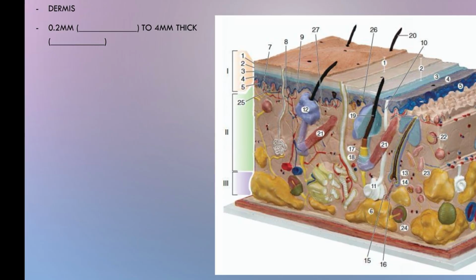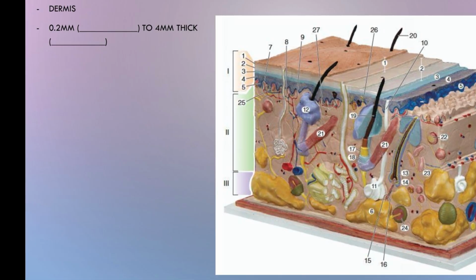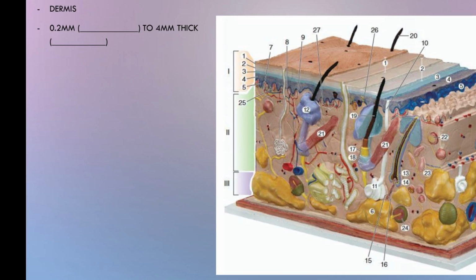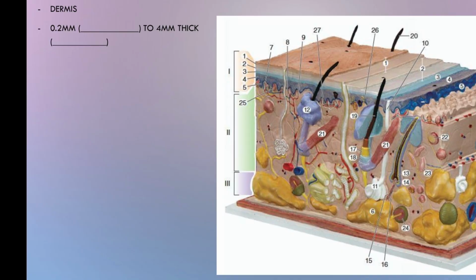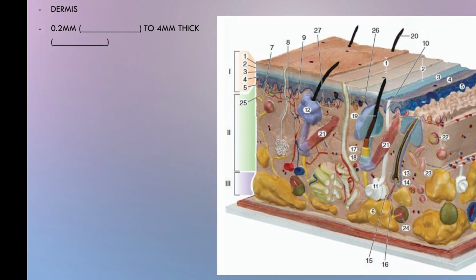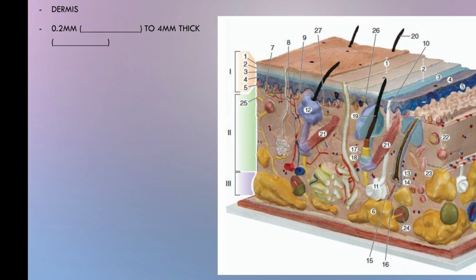And the veins, remember, carry blood away from the tissues. So this is part of the blood supply that carries blood away from the dermis. Then you also have an arterial plexus. And so there's that subpapillary arterial plexus at number 9. Arteries carry blood to tissues. So number 9 ends up providing the blood to the dermis.